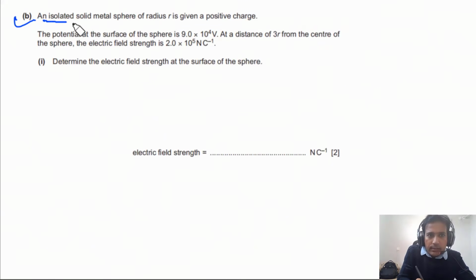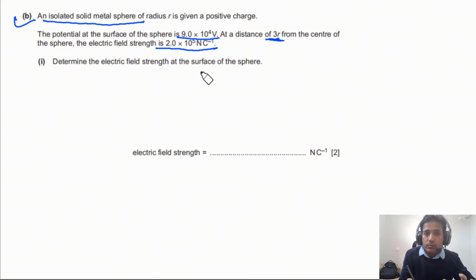Part B says an isolated solid metal sphere of radius r is given a positive charge. The potential at the surface of the sphere is 9.0 times 10 to 4 volts. At a distance of 3r from the center of the sphere, the electric field strength is 2.0 times 10 to 5 newtons per coulomb. Determine the electric field at the surface of the sphere.